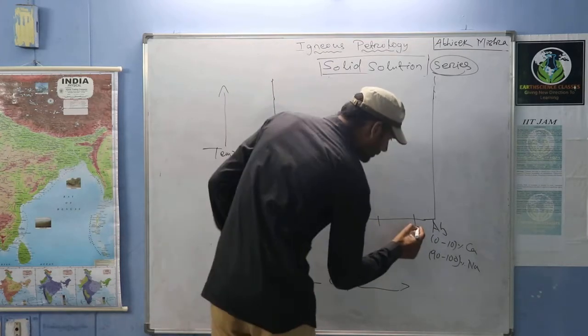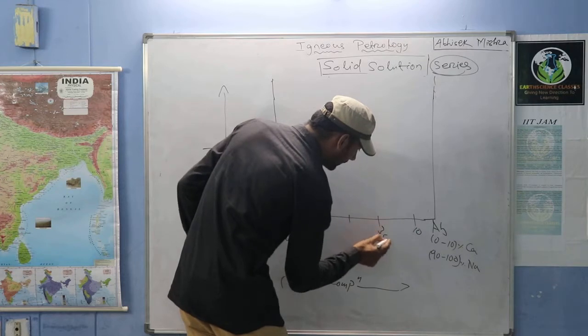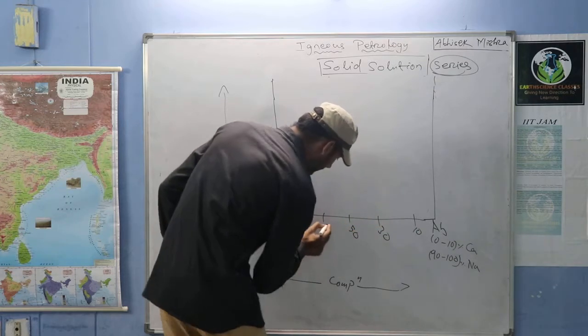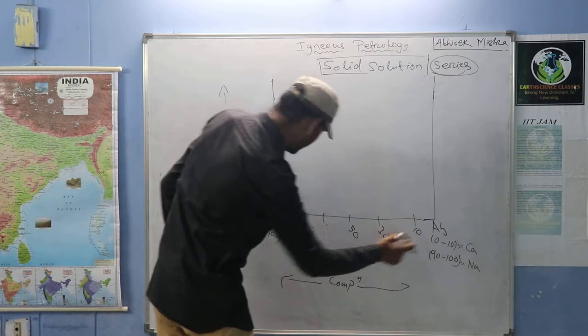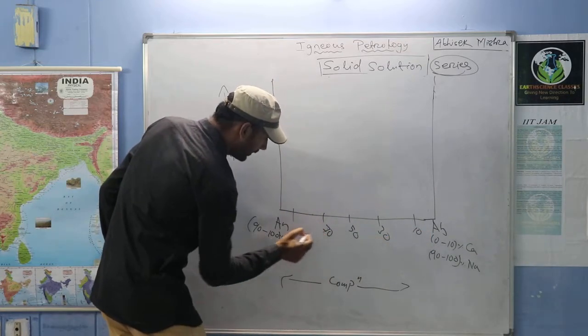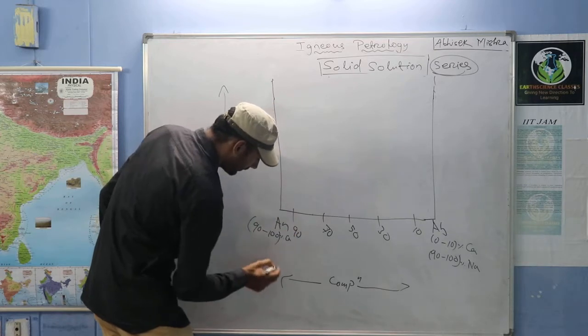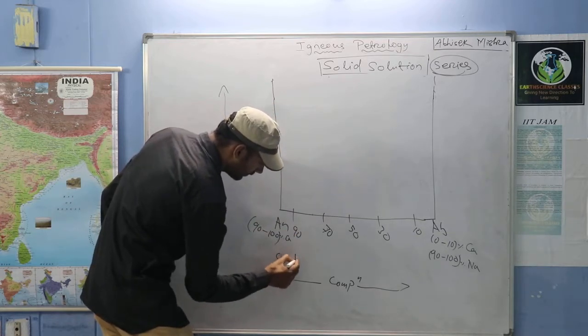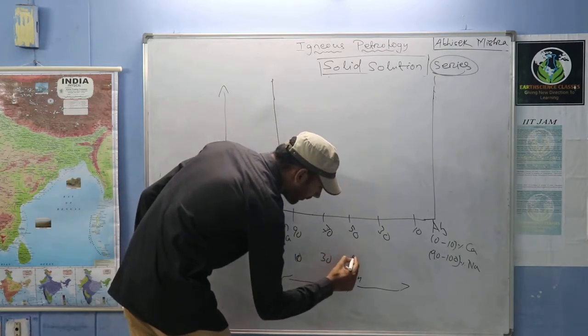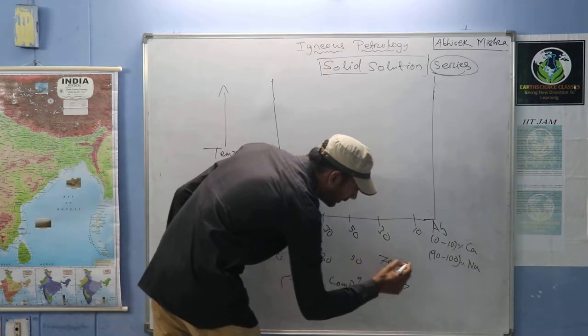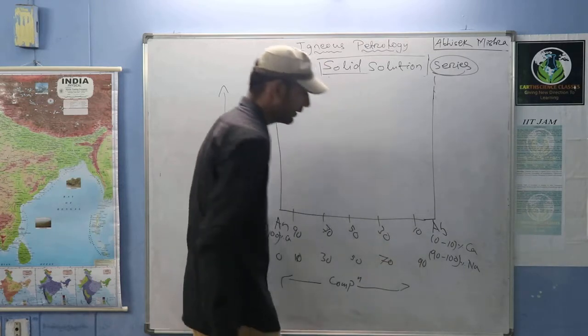So it is 10, 30, 50 and 70, 90. Here I can write 0, 10, 30, 50, 70, 90. Okay.